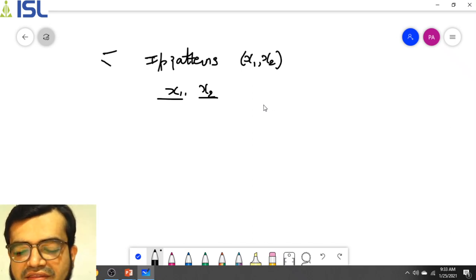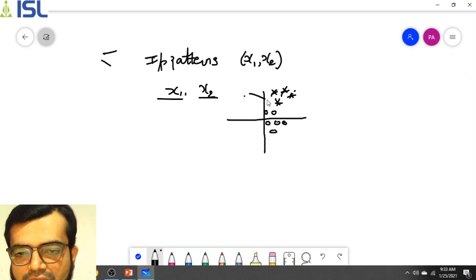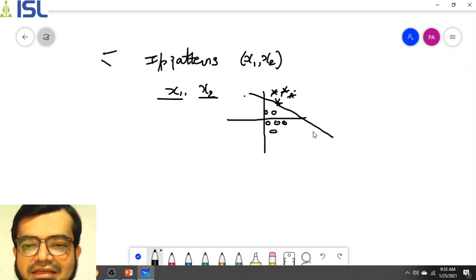If I represent them in this way, now there is a linear line. If this linear line exactly divides the given input patterns into two forms, either this way or this way, that means this class of patterns, which it divides into two forms, is termed linearly separable classes.